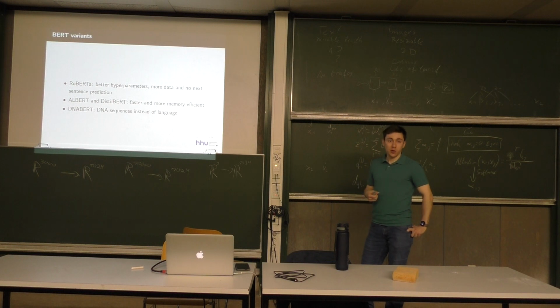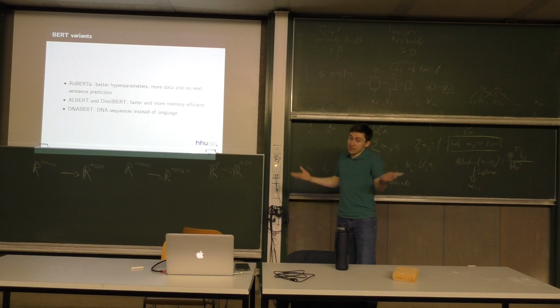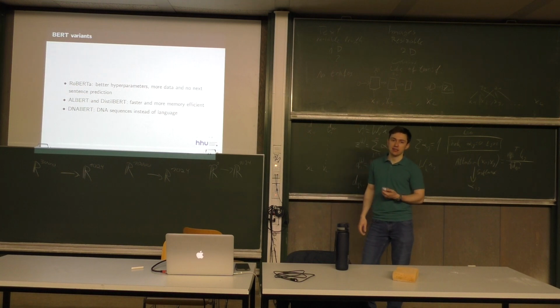Then there are lots of variants that also have BERT in the name. Like RoBERTa, for example, which is basically the same as BERT. It has different training parameters. It does not use the next sentence prediction task, only the masked language modeling task. So it turns out we don't need next sentence prediction anyway.